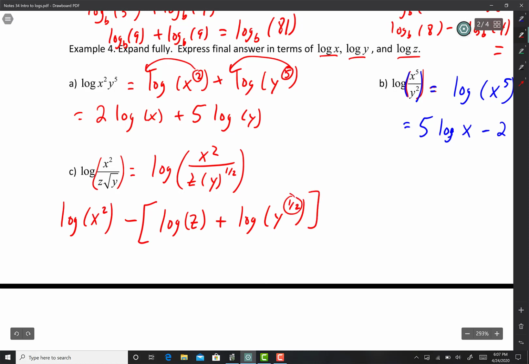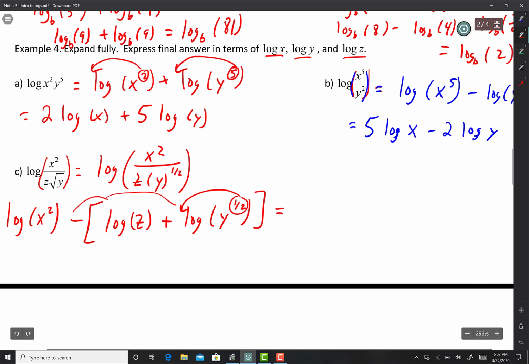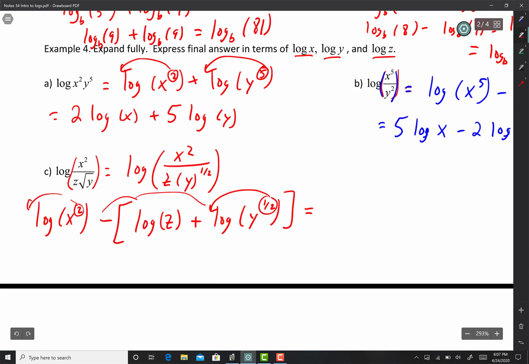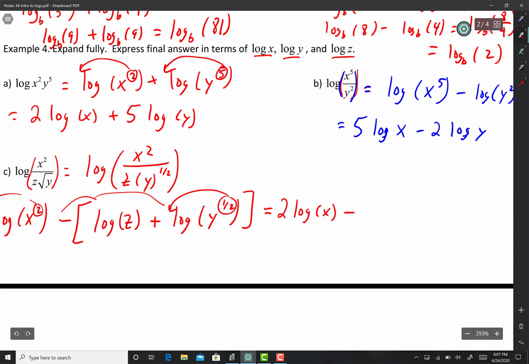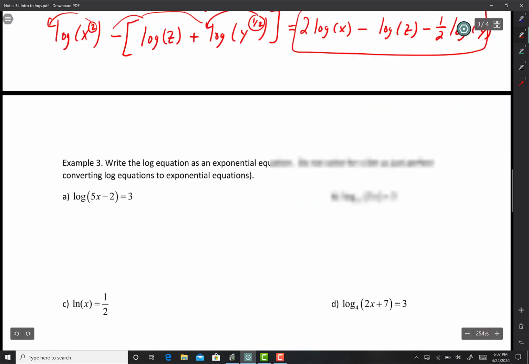I'm going to move the half to the front, and I'm going to distribute the negative. So here's what I finally have. I'm going to move this 2 to the front as well. 2 log x minus, let's see, log z minus, bring the half to the front, 1/2 log y. And there it is, guys. Yay. See, it's not so bad. It's not so bad at all.